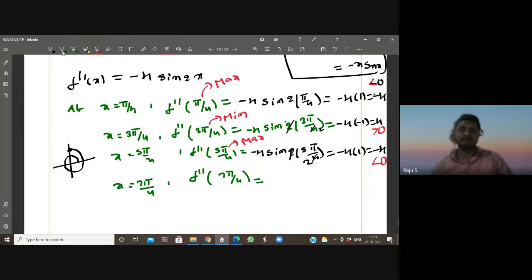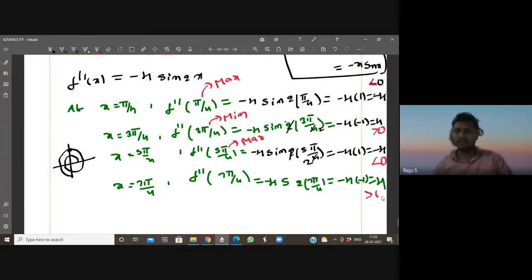Maximum. Then here 7 times pi by 4 gives 7 pi by 2. Minus 4 times sine of 2 times 7 pi by 4, nothing but minus 4 times minus 1, that is plus 4.